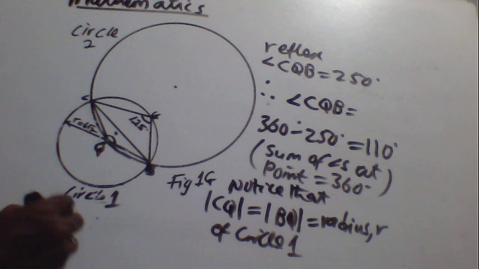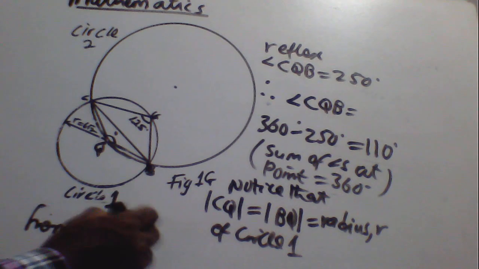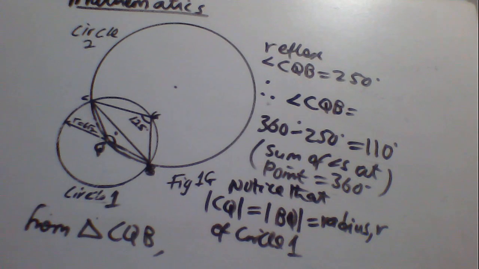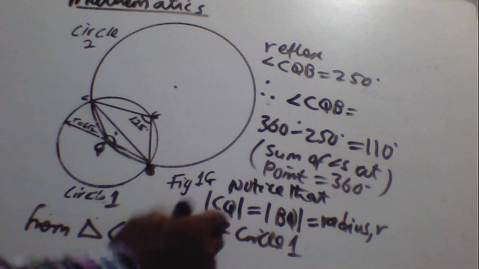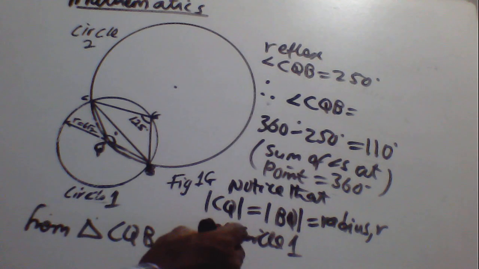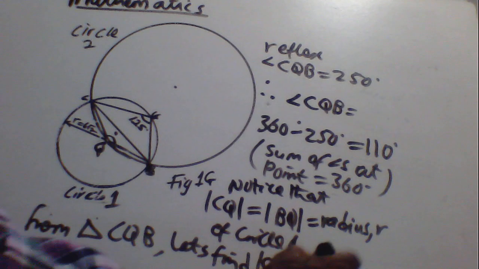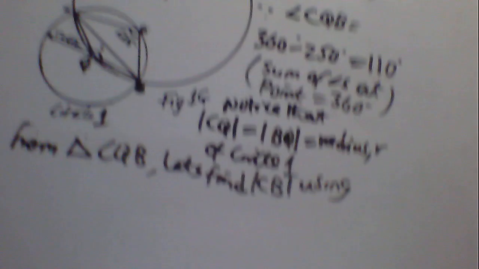From triangle CQB, we can find CB using the cosine rule.